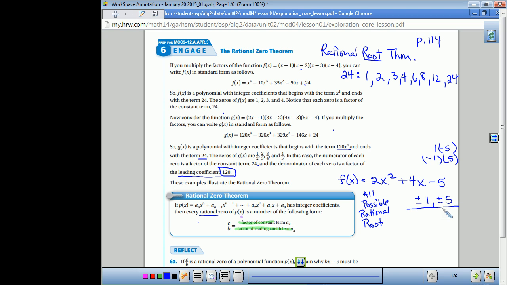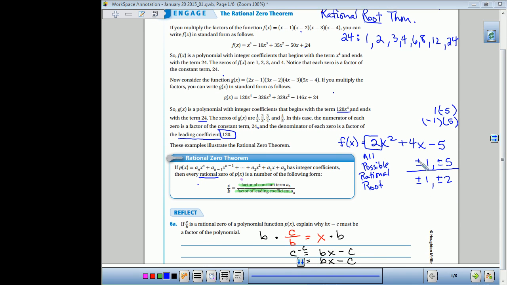Does that make sense? Yes. Okay, now let's look at the leading coefficient, 2. 2 and 1, and then negative 1. Okay, plus or minus 1 and plus or minus 2. So this is how we set up our fraction. Now let's simplify it. If we take these two numerators and divide them by 1, do they change?